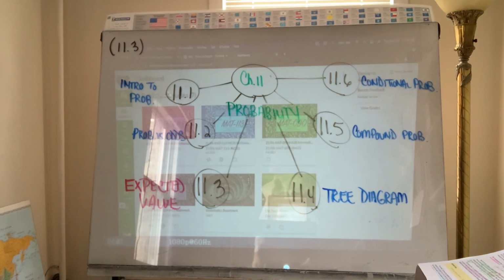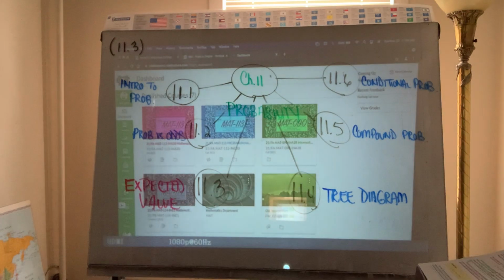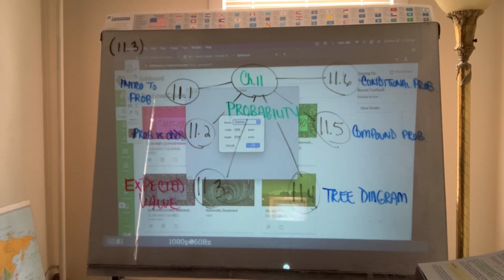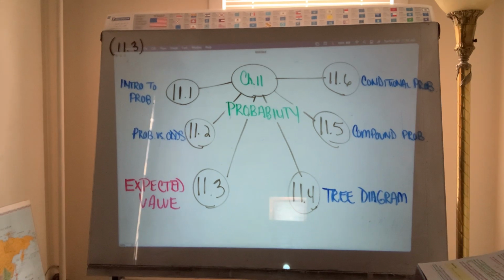Much better. Let's see if I can get this to make it easier to see. Okay, that looks like it's visible.